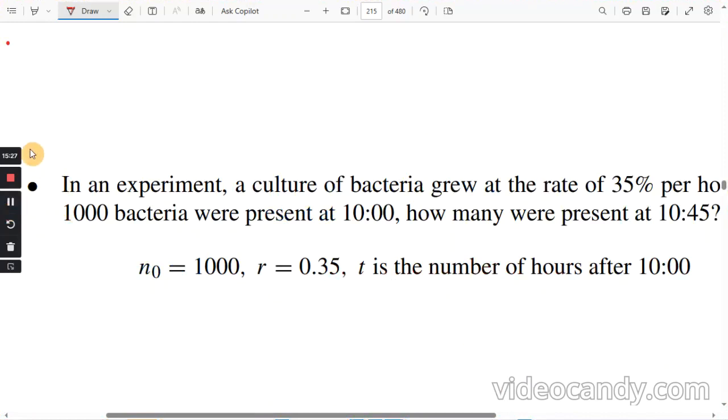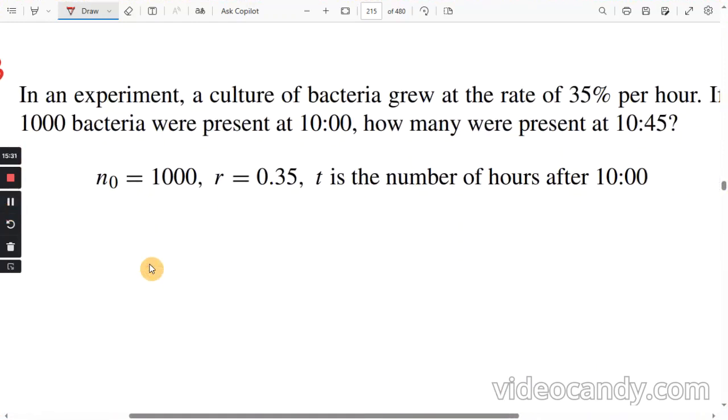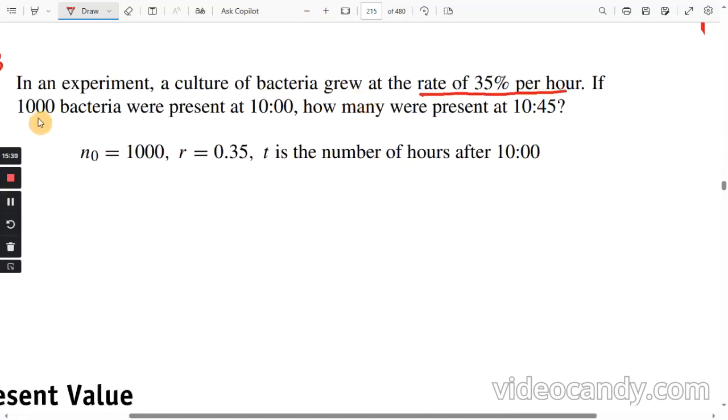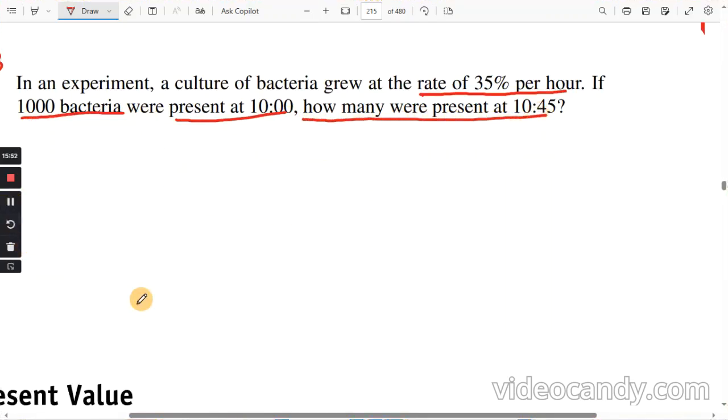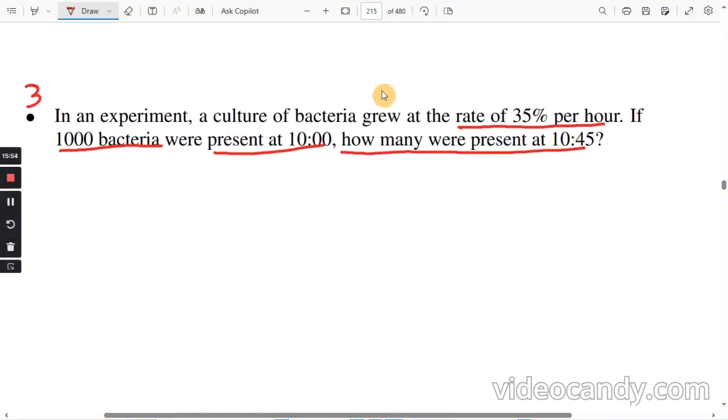All right, this is example 3. In an experiment, a culture of bacteria grew at a rate of 35% per hour. If 1,000 bacteria were present at 10, how many were present at 10:45? It says that the bacteria grew.